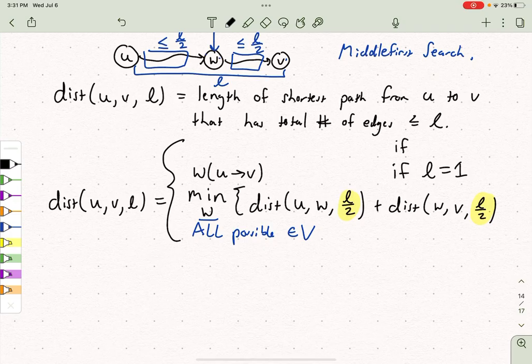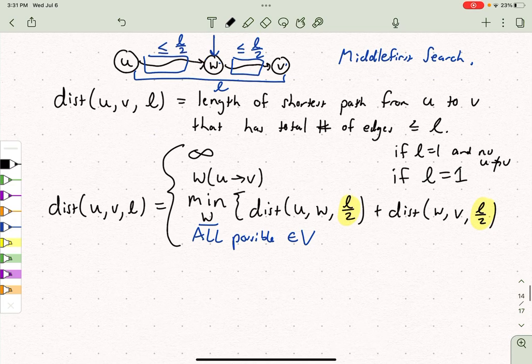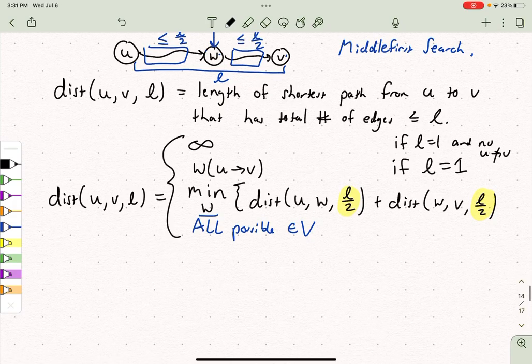So if L equals 1 and no u to v edge, then the answer is infinity. There is no way to get from u to v in one step, in other words. We can similarly define a special case for when u equals v to set it to 0, but we won't bother with that in the recursive part. That's something we can do with initialization outside of the main recurrence.